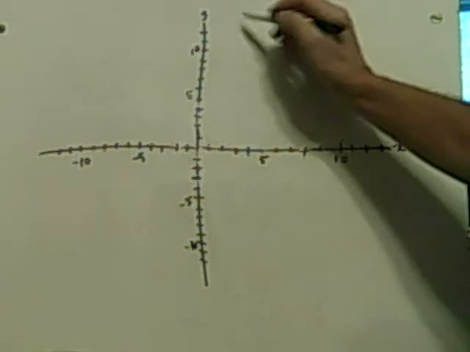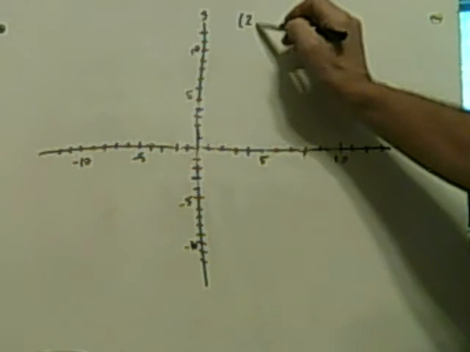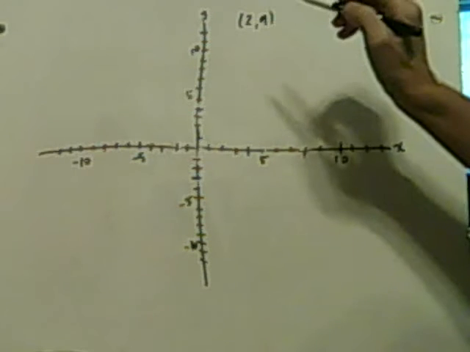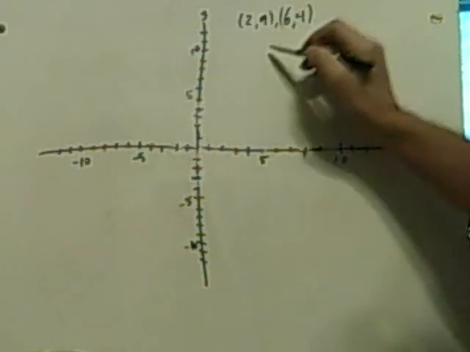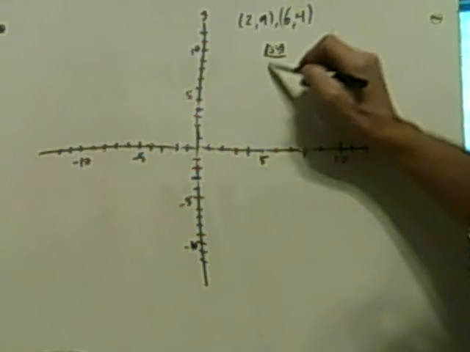Okay, so let's try the next one, number 4. (2, 9), (6, 4). So I'm just going to go right to delta y over delta x.